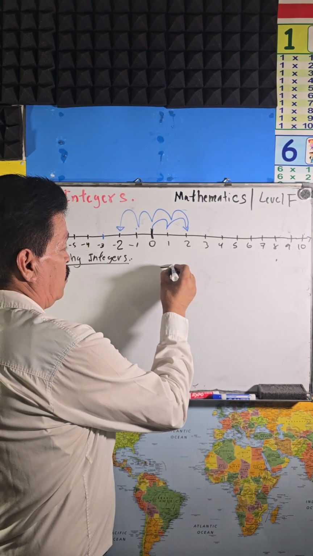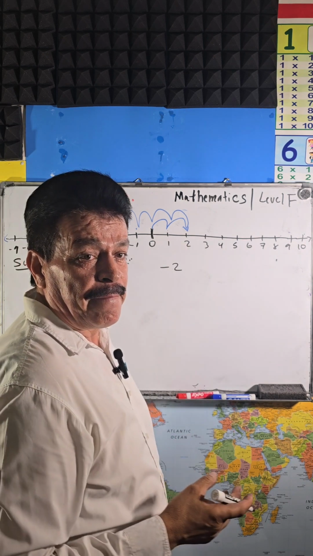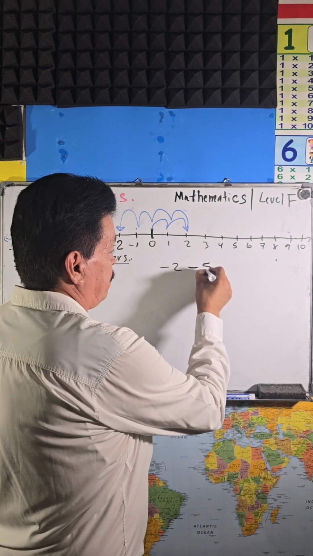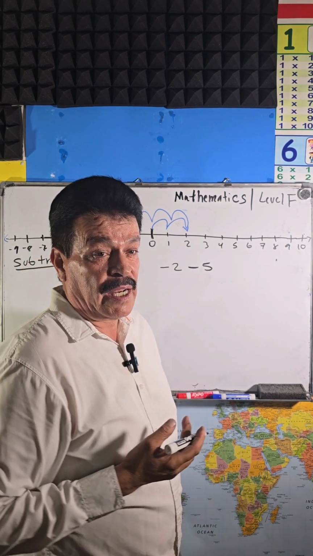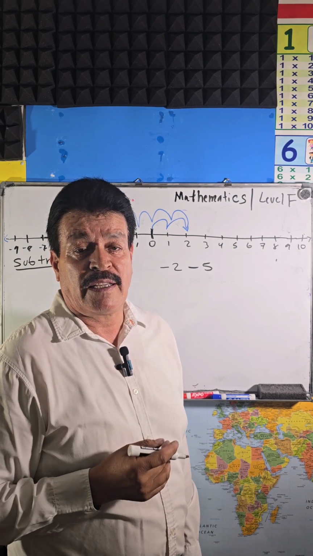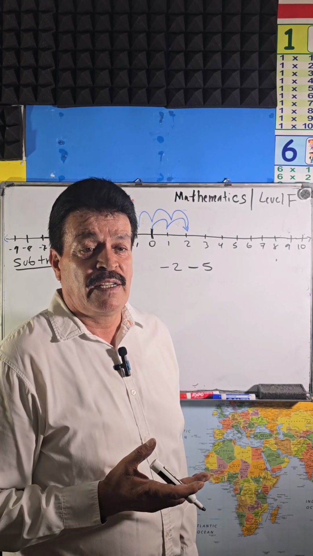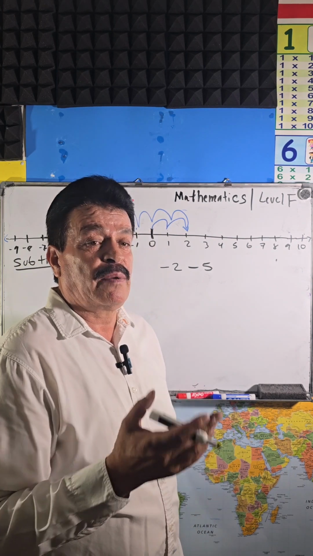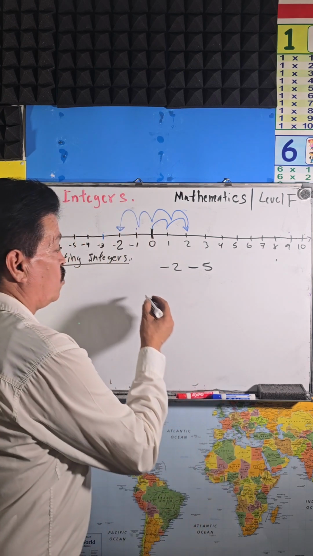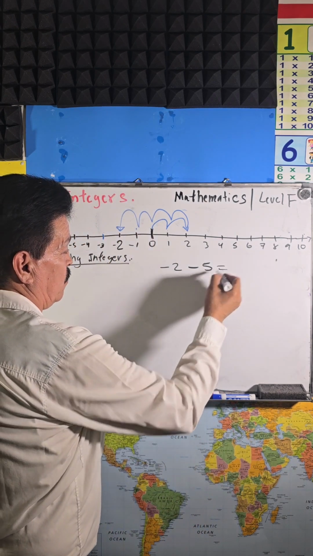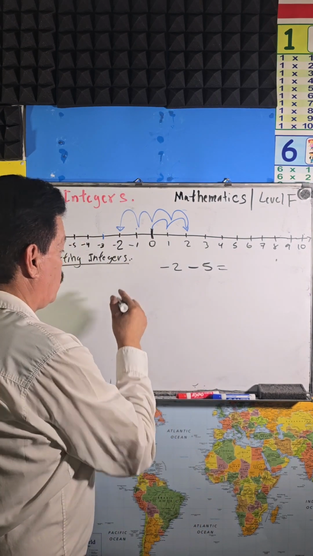Let me give you one example. We have negative 2 minus 5. Here we have to know this little rule. When you subtract, we have to add the opposite.